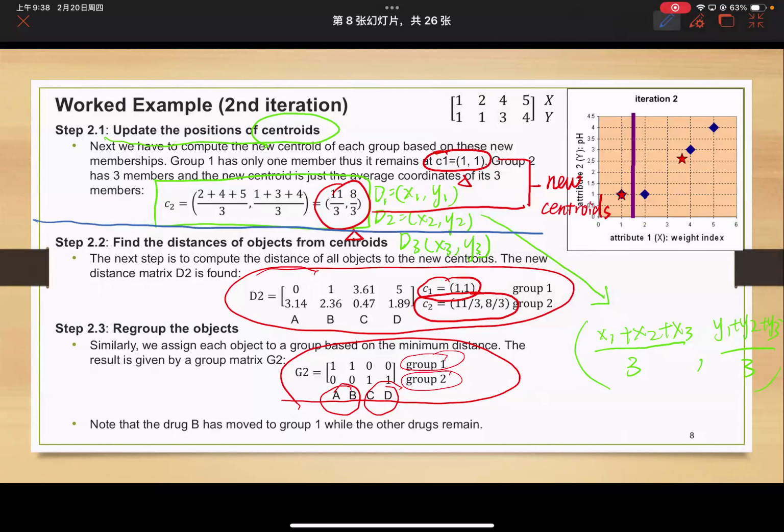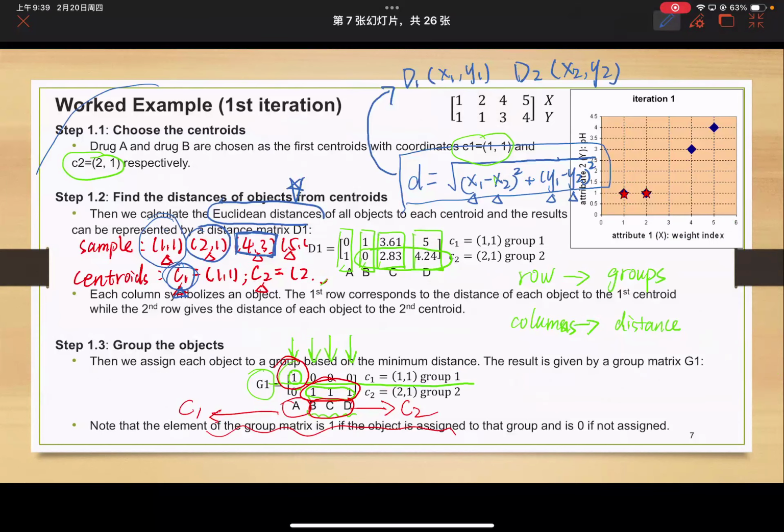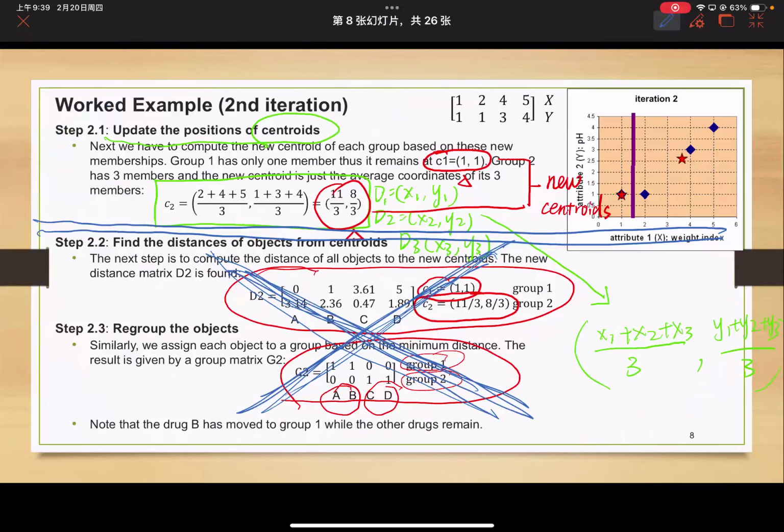So in the exam, you only need to calculate to this step 2.1, okay? And then the following steps, you don't need to calculate because they are the same. So I don't want to waste your time. So all you need to calculate is this part from step 1.1 to step 2.1, where you update the position of the centroid.